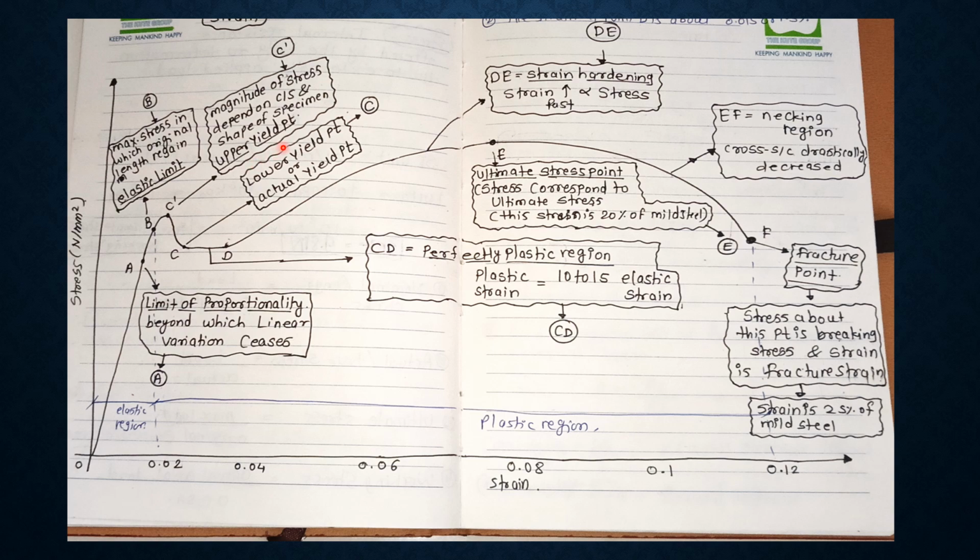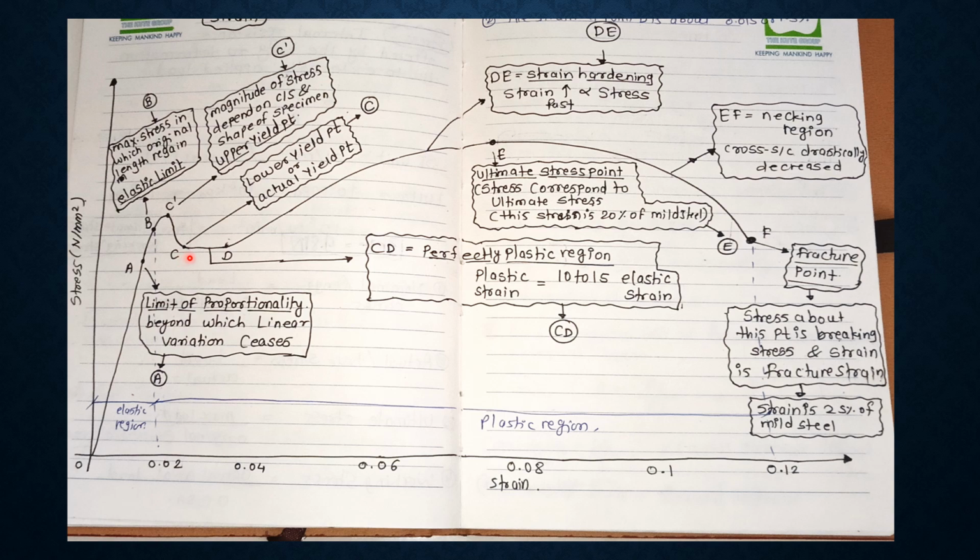At the upper yield point, the magnitude of stress depends upon the cross section and the shape of the specimen. At the lower yield point, yielding also happens, but the stress is less compared to C dash. The lower yield point is the actual yield point. Then after C, point D is formed.